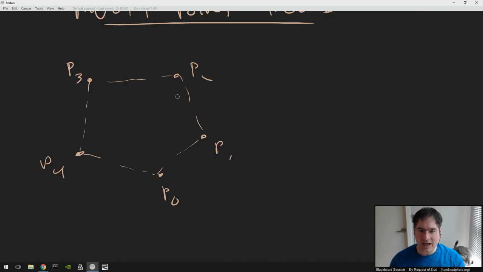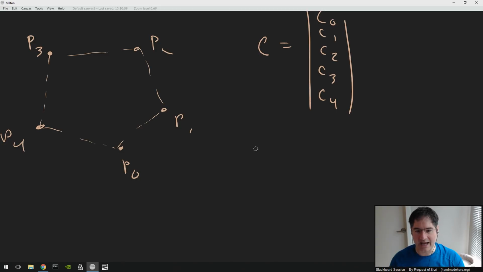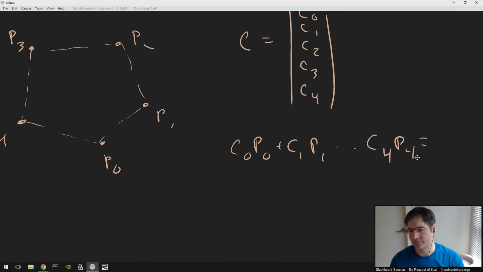So if I want to extend my notion of those coefficients out to 5, I just have 5 values in my coefficient vector for my 5 points. I have C0, P0, plus C1, P1, dot, dot, dot, to C4, P4.